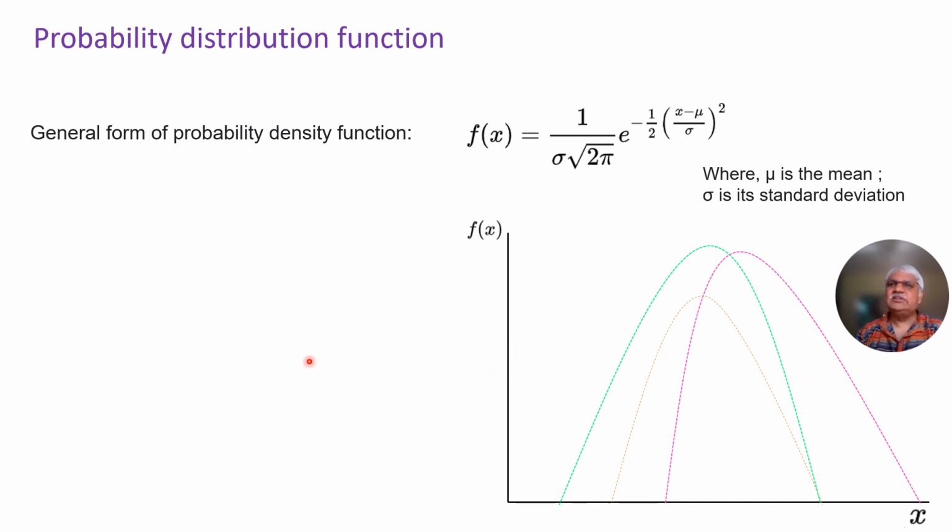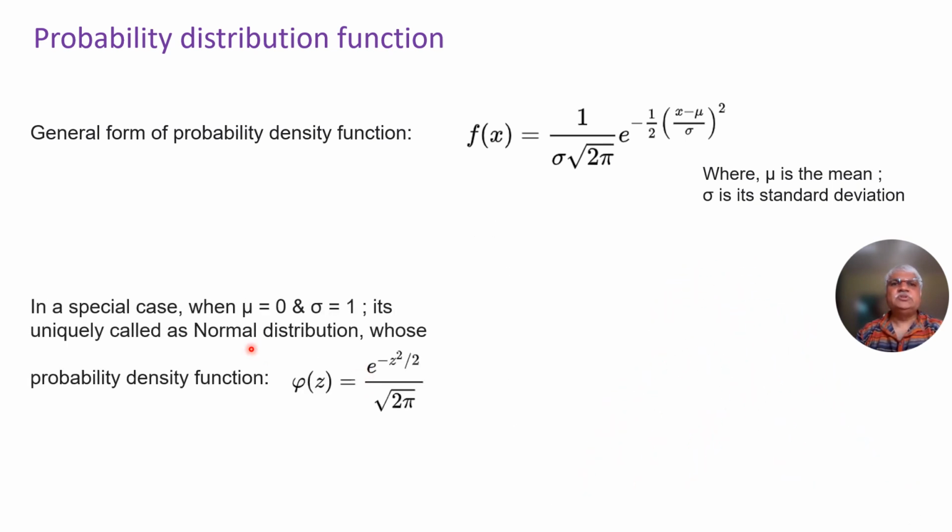So in most of the simplistic considerations, we consider the normal distribution. Normal distribution means, in this general distribution, we consider mu to be 0 and sigma to be 1. So this density function becomes a simplistic one, because sigma became 1 and mu became 0.